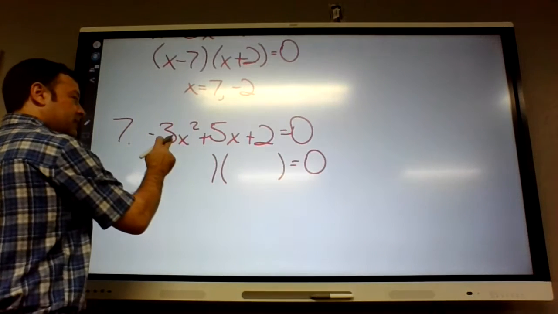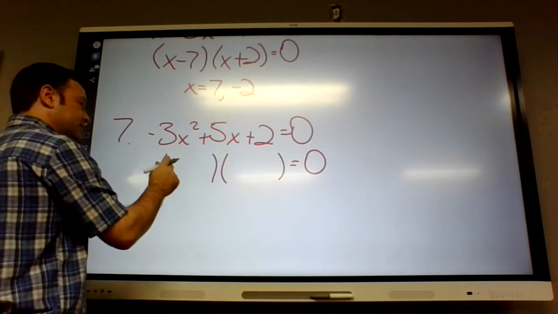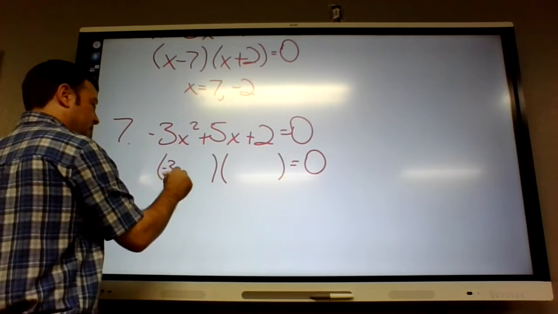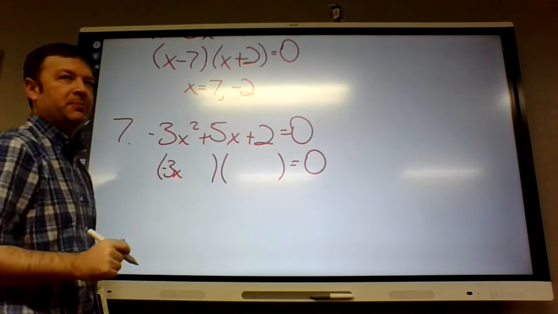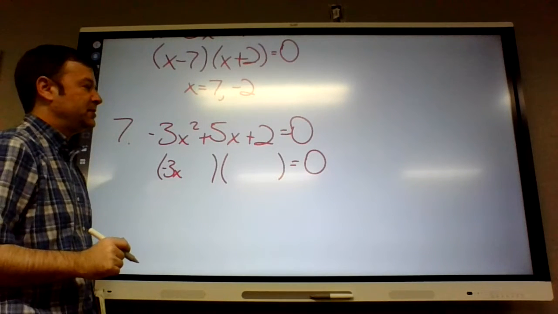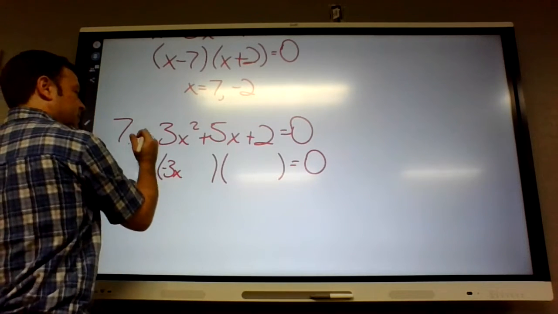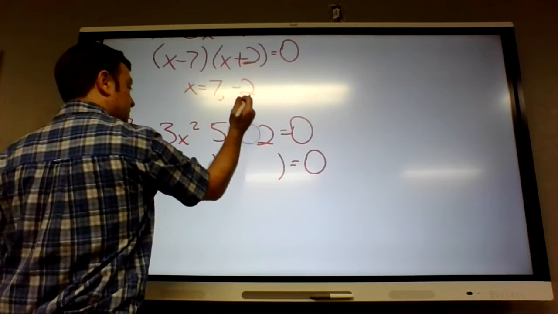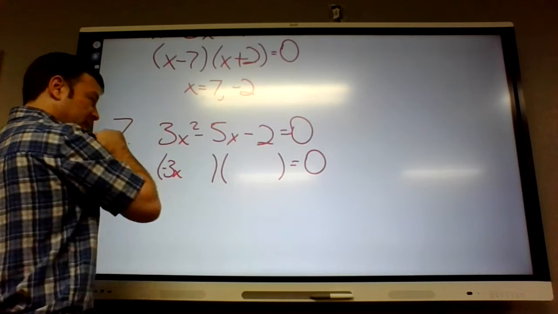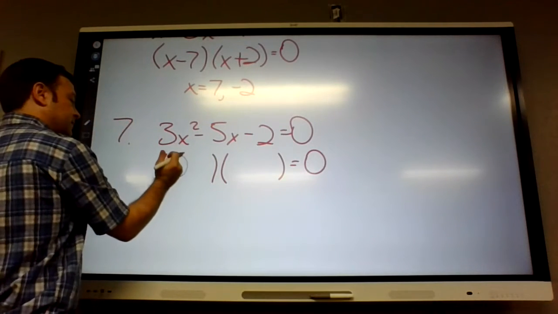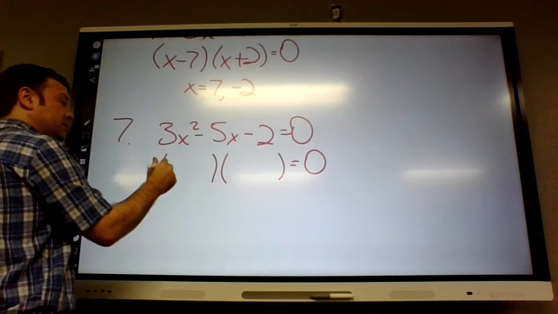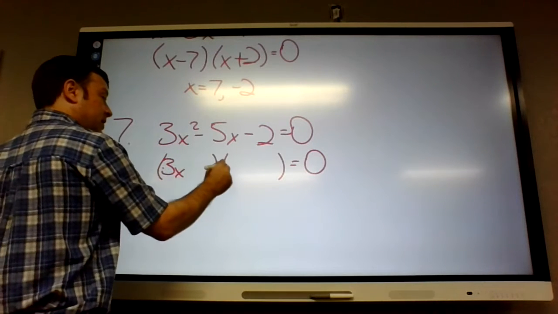So what goes into -3x squared? I could have multiplied both sides by -1. That might have made it easier. Yeah, I'd probably better do that. It'll be less confusing. I multiplied by -1. It's usually better if your front term is positive. So what goes into 3x squared is 3x times x.